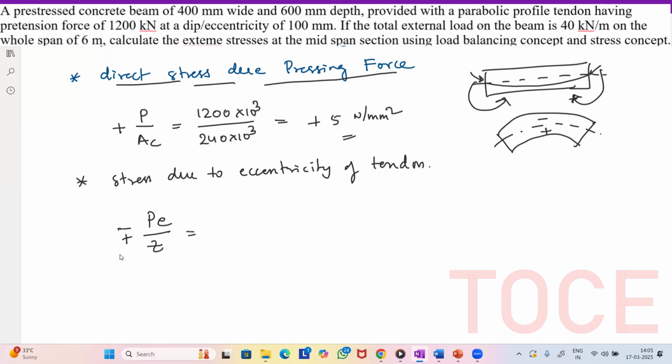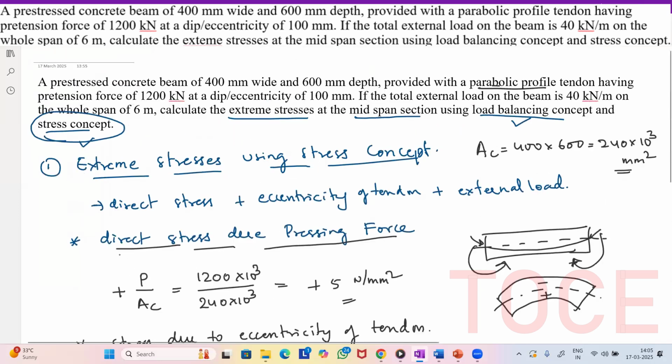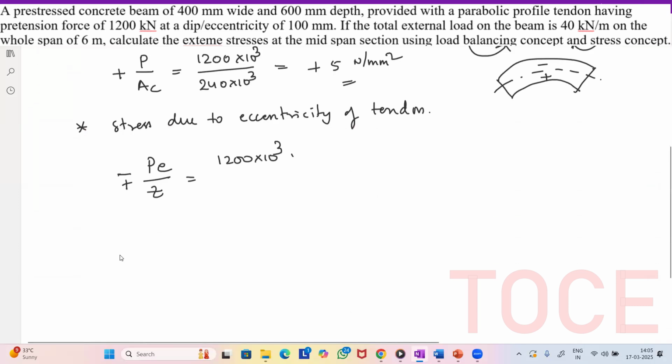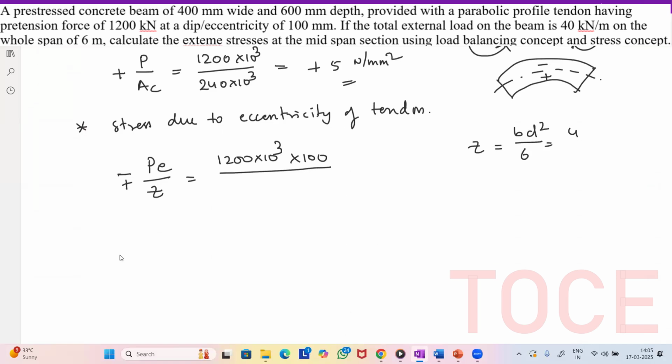Okay, so let us substitute. P is 1200 into 10 to the power of 3. And what is the eccentricity? The eccentricity e is 100, divided by the Z value, which we need to calculate. So Z is equal to BD square by 6, where B is 400 and D is 600, so Z is 240 into 10 to the power of 5 mm cube.